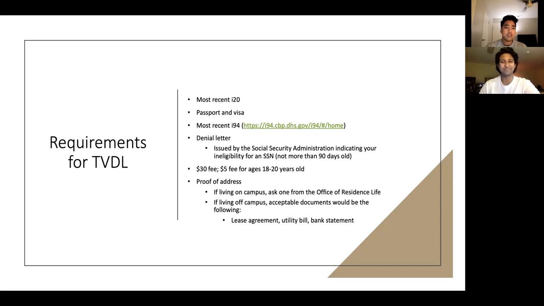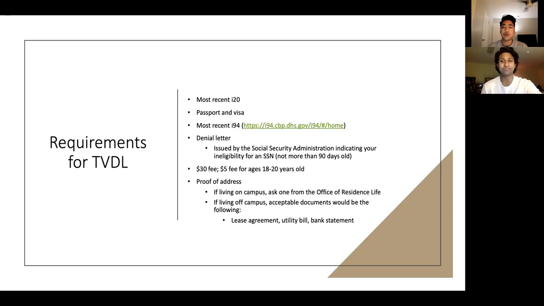All right. So what are the requirements for a TVDL? So the requirements are basically your most recent valid I-20, your passport and visa, your most recent I-94, which you can just click on this link over here, and you just have to fill out the form, and then you'll be able to get your most recent I-94.